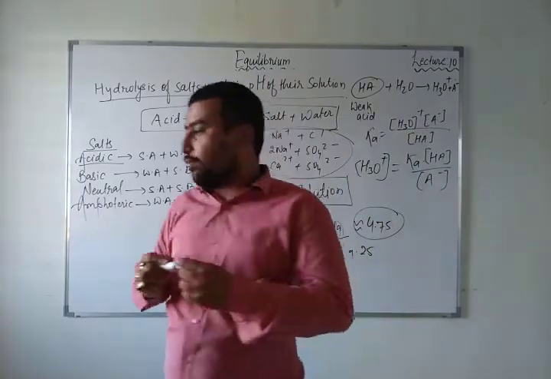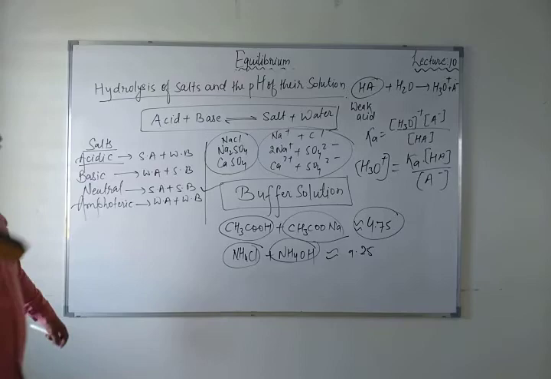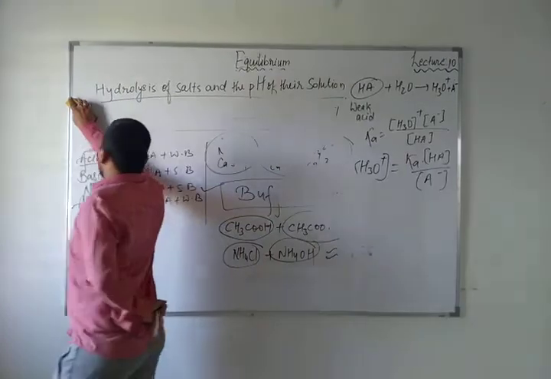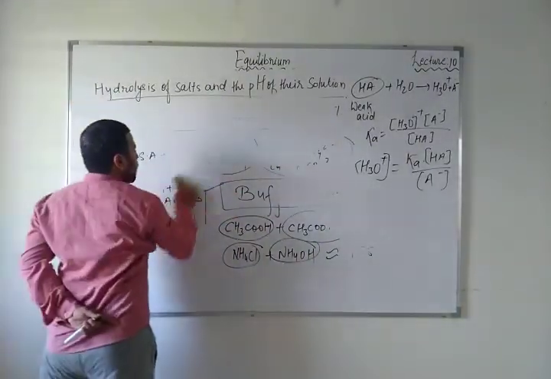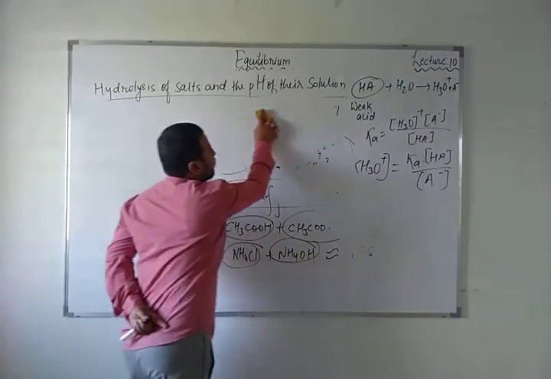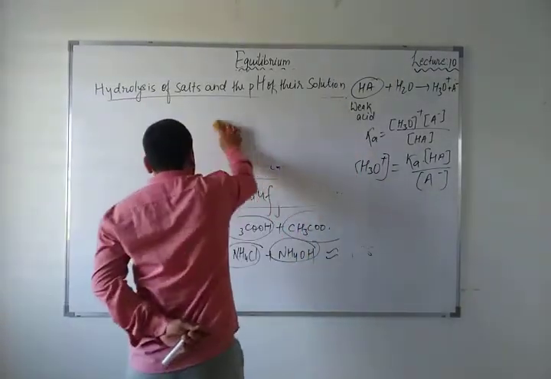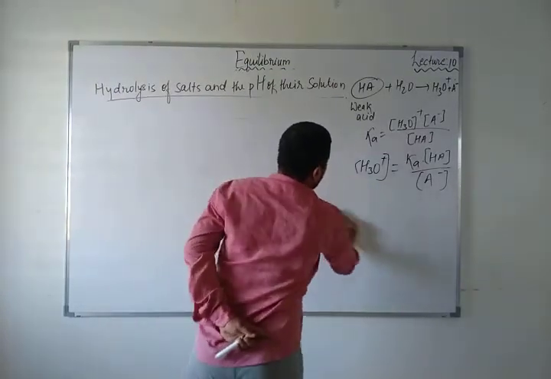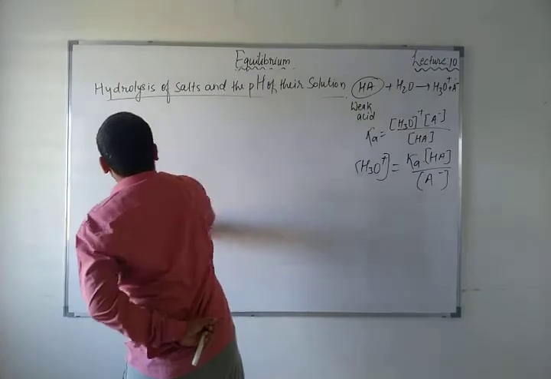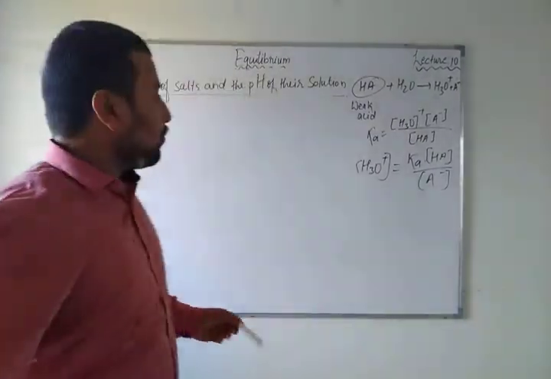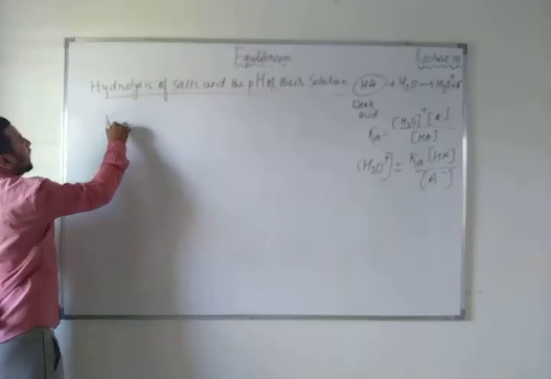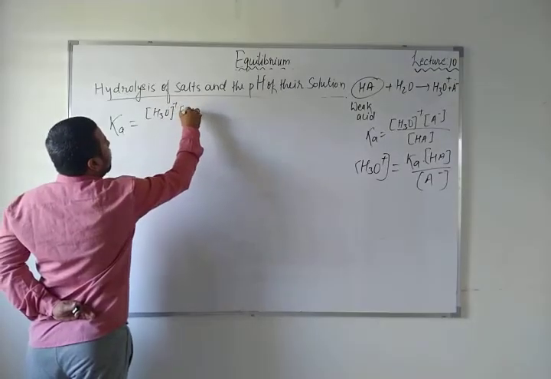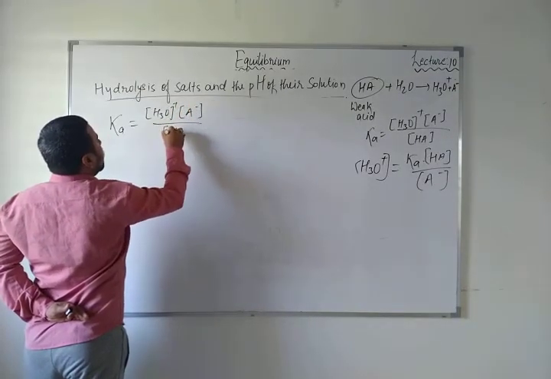Now just let me erase this board, then you will be able to understand properly. Just suppose the ionization constant Ka is equal to H3O plus, A minus upon HA, right?